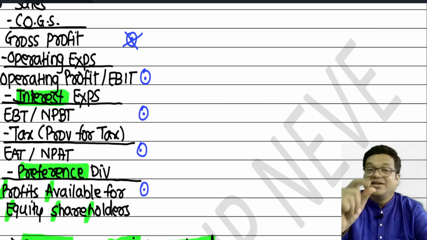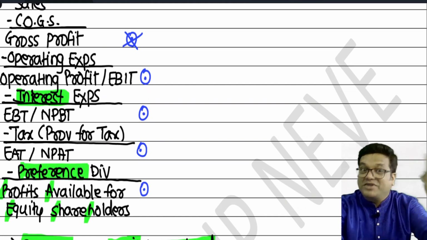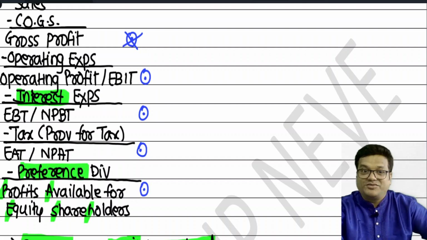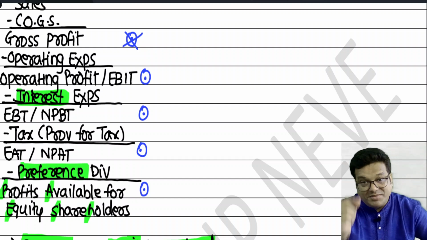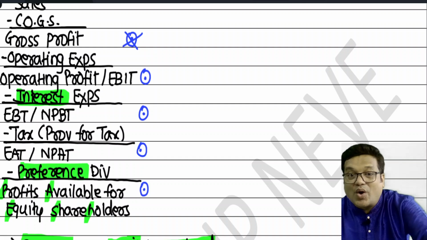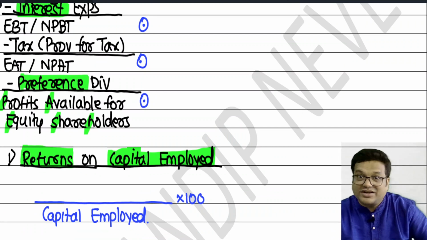No, sir. Is EBIT a suitable profit? Yes, sir. Because from EBIT, look at these green flags, I pay interest, preference, and from PAYESH, I'll pay equity dividend. So EBIT is that profit from which I'll start making payment to all my stakeholders. Denominator would be capital employed.